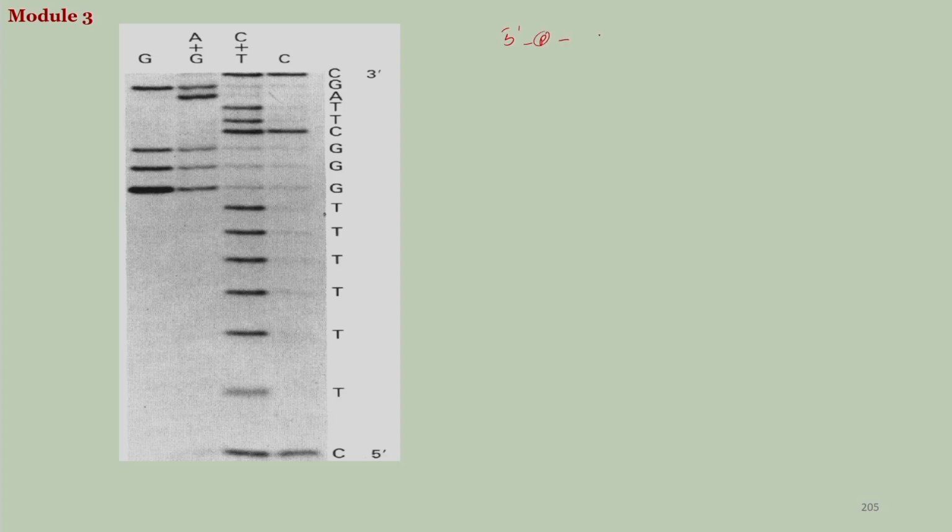Phosphate, then you have GC, TA, CG, TA. Now, so vial 1, what kind of vial 1? We now call it a G, because vial 1 will cleave only the G, not the A. So, fragments.